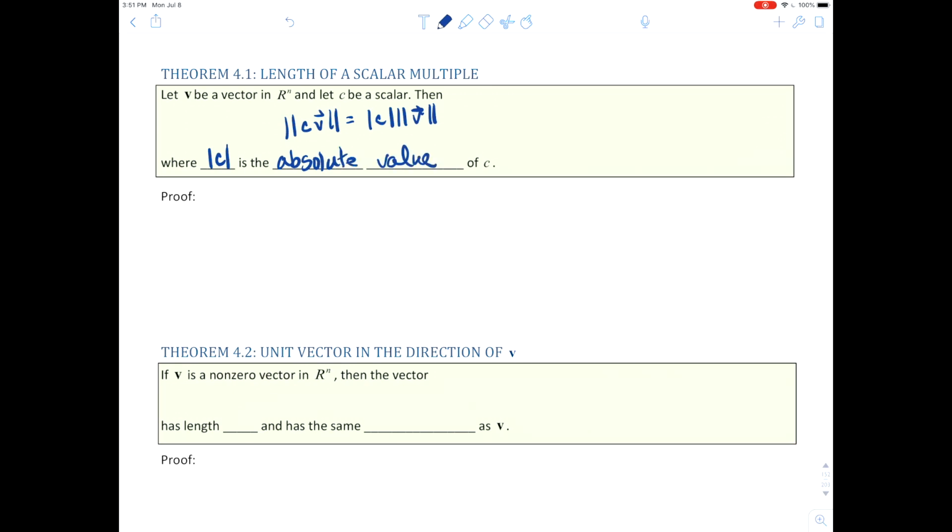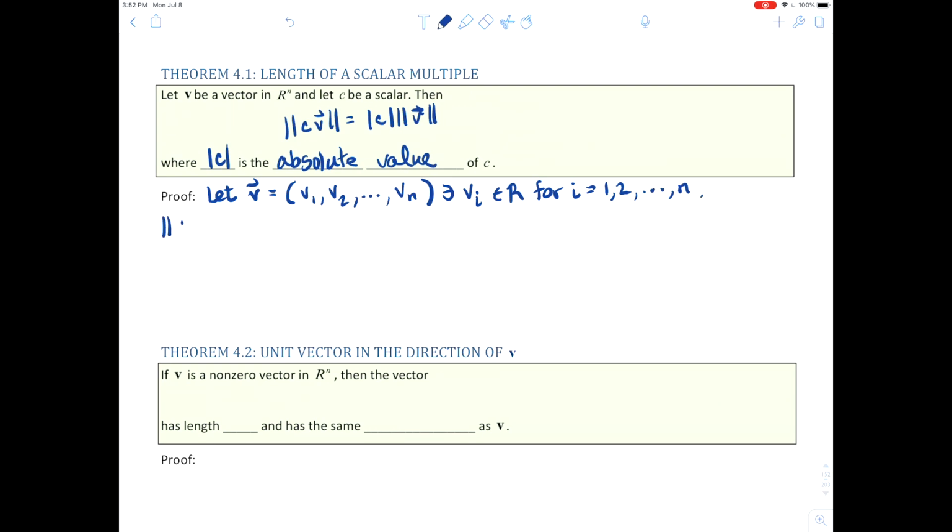Well, let's look at the proof of that one. If we let v equal to v1, v2, all the way down to vn, so we're just writing it in component form, such that vi belongs to the real numbers for i equal to 1, 2, all the way down to n.